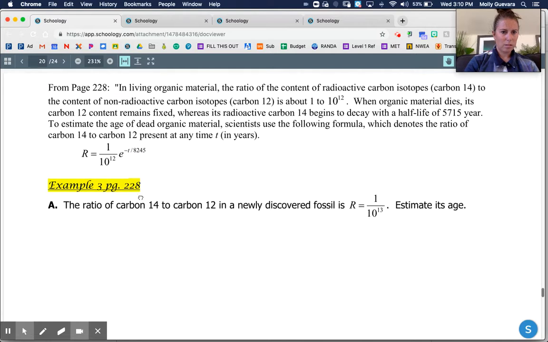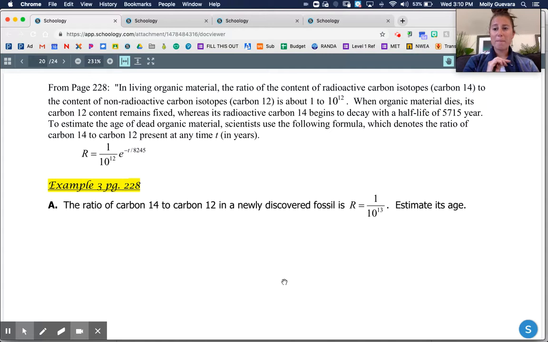and scroll down. Okay, so really quickly, just a quick excerpt about carbon-14. So I'll read it, but it says in living organic material, the ratio of carbon-14 to carbon-12 is about 1 to 10 to the 12th.